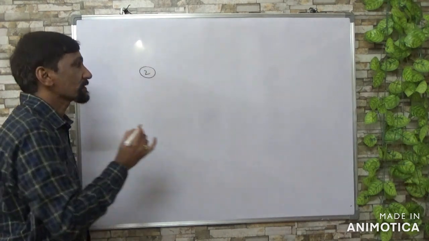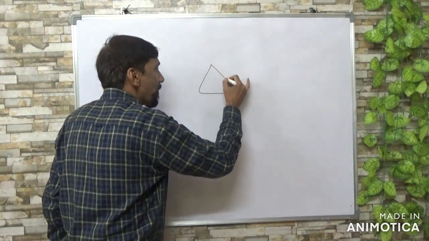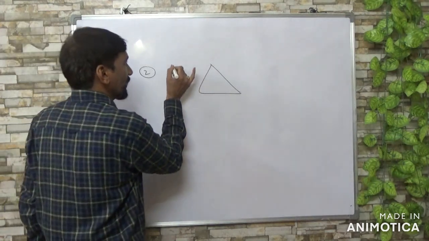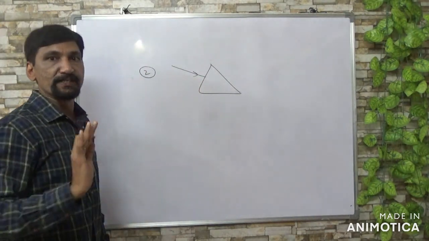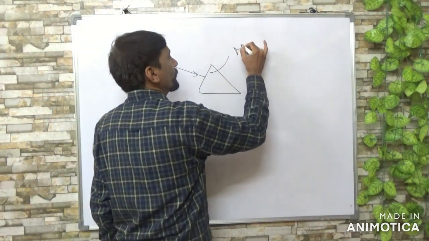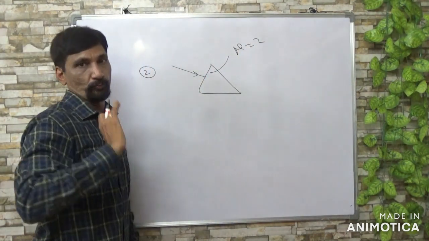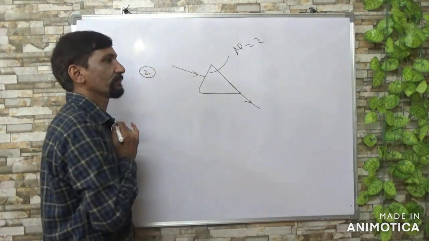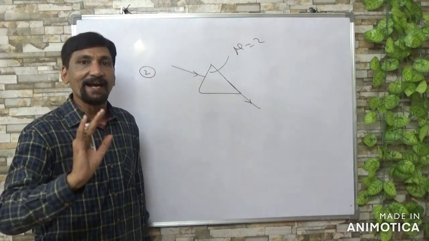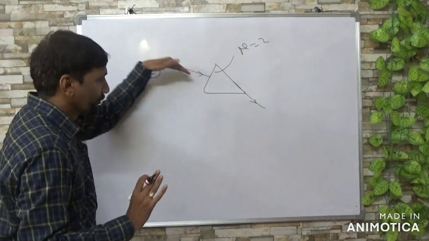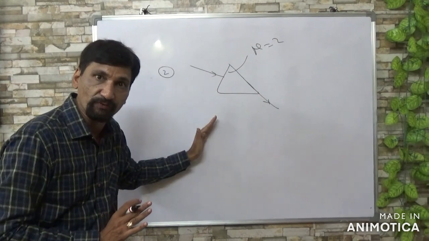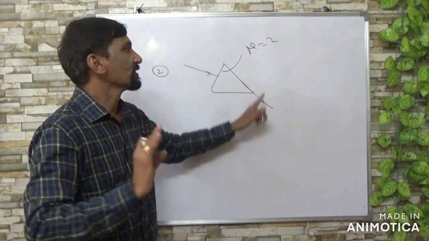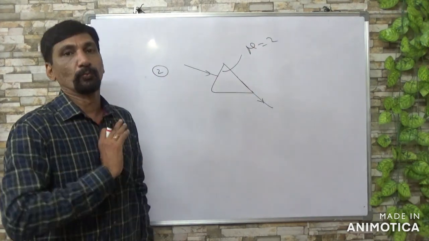The problem is: a light ray incident normally on the first surface of a prism of refractive index 2, and grazing through the second surface.